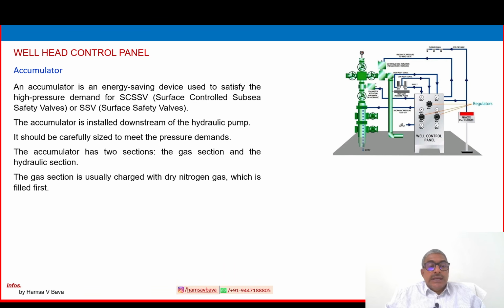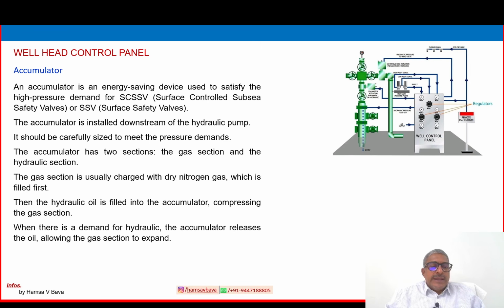The gas section is usually charged with dry nitrogen gas, which is filled first. Then the hydraulic oil is filled into the accumulator, compressing the gas section. When there is a demand for hydraulic power, the accumulator releases the oil, allowing the gas section to expand. This mechanism allows fast discharge of hydraulic oil.